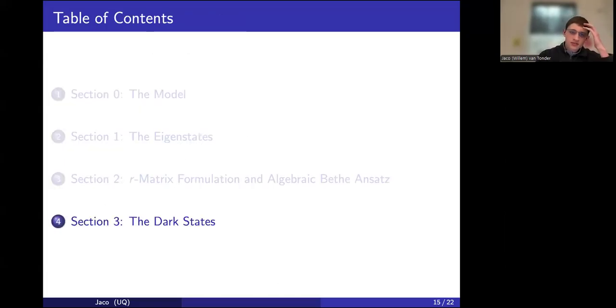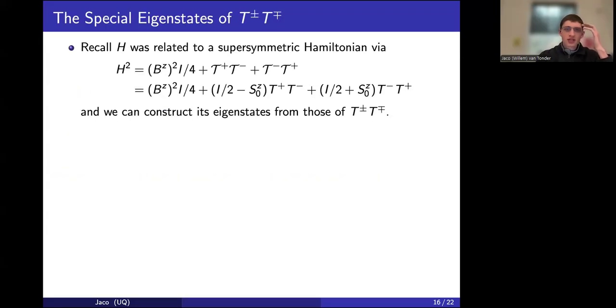So now coming back to actually constructing the eigenstates and the dark states of the central spin model, we remembered that we wanted to get the eigenstates of t plus t minus and t minus t plus.